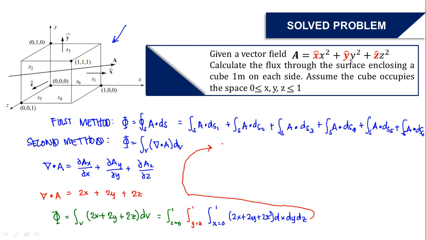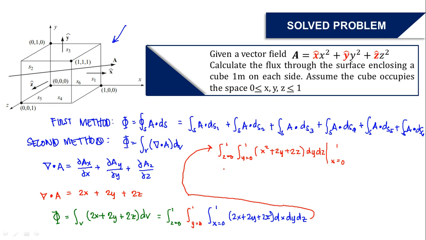So, ano na susunod natin? The integral ng z is equal to 0 to 1. Integral ng y, 0 to 1. So, integral daw ng x. So, magiging x squared natin yan. X squared plus 2y plus 2z. No? Hindi magagalaw yung iba dahil constant sila. dy dz evaluated from x is equal to 0 to 1.